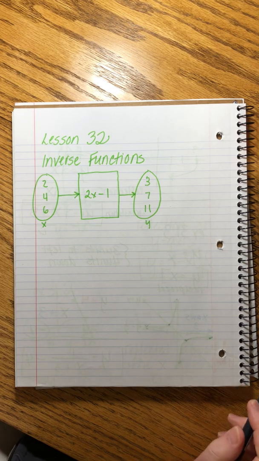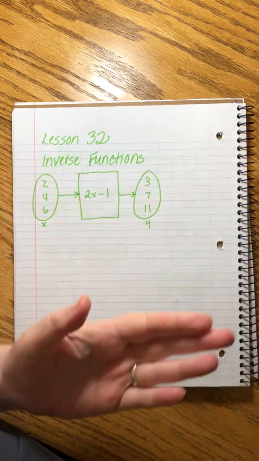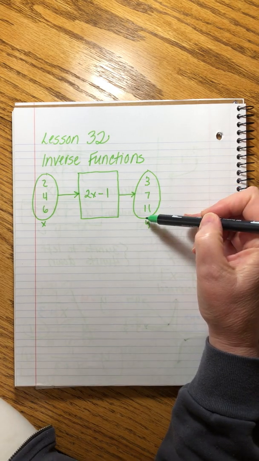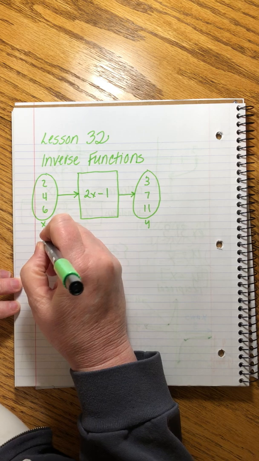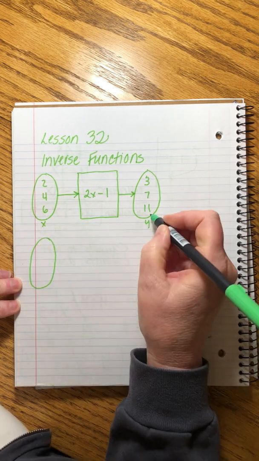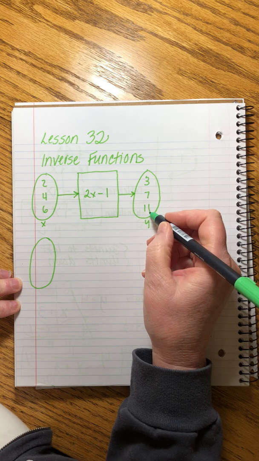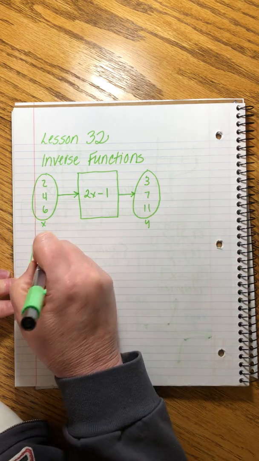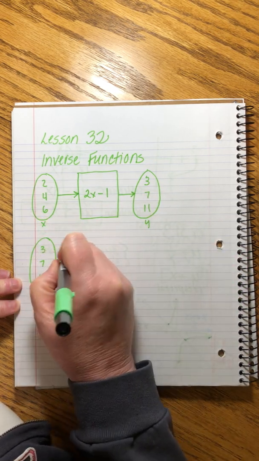But what if, for some reason, we decided we wanted to reverse this? We wanted to start with 3, 7, and 11. Let me just draw that picture. Instead of these being our outputs or our dependent variables, what if we wanted to make those our x's? 3, 7, and 11.